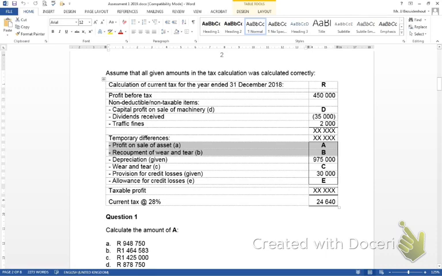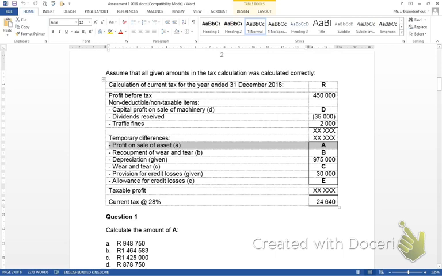So A is now the amount that we've just calculated as a recoupment or the tax profit up to original cost. Remember, I stated again, this is just a current tax calculation that you are doing. To calculate your current tax, you first want to find out what your temporary difference is, which is the accounting profit that you made up to original cost, which you must deduct.